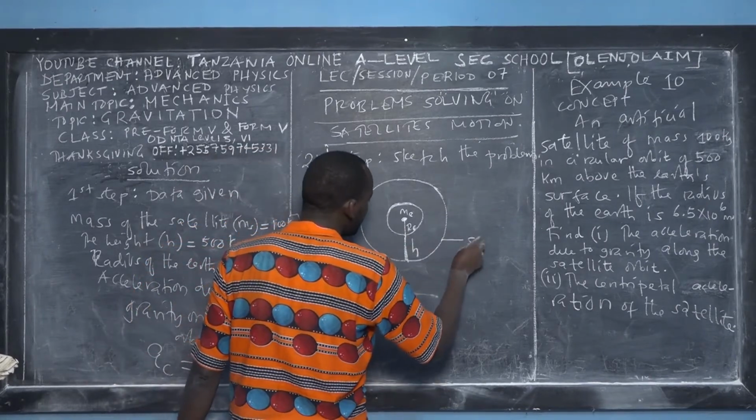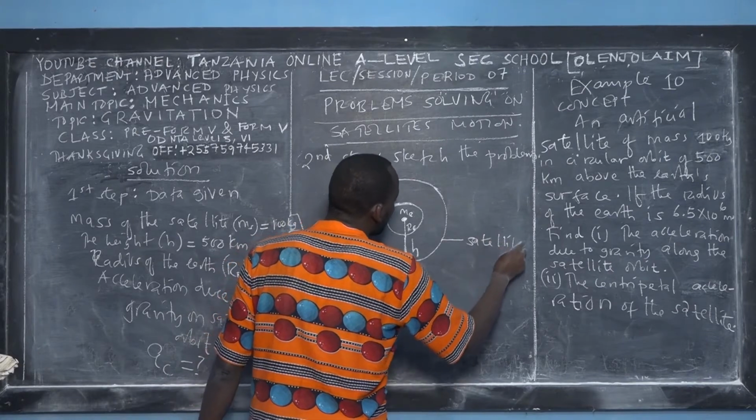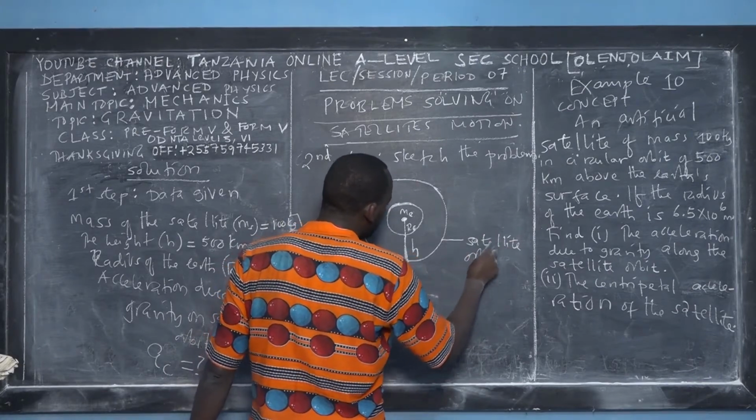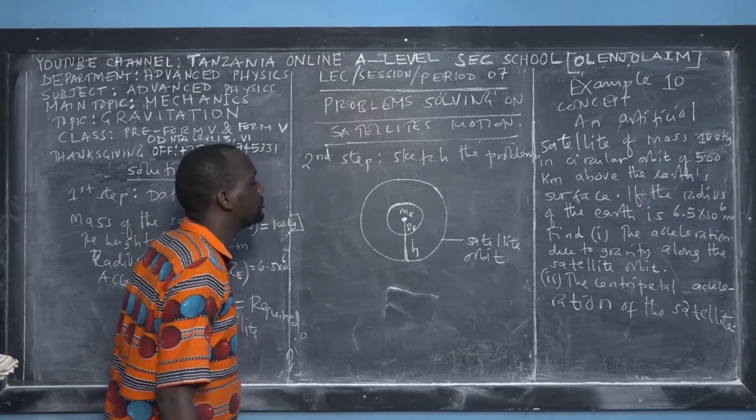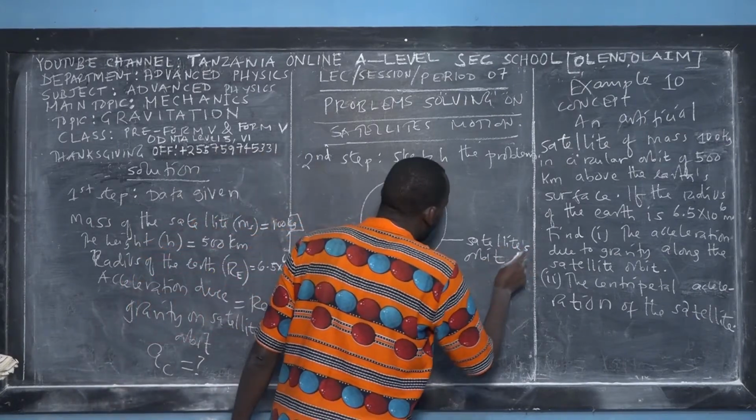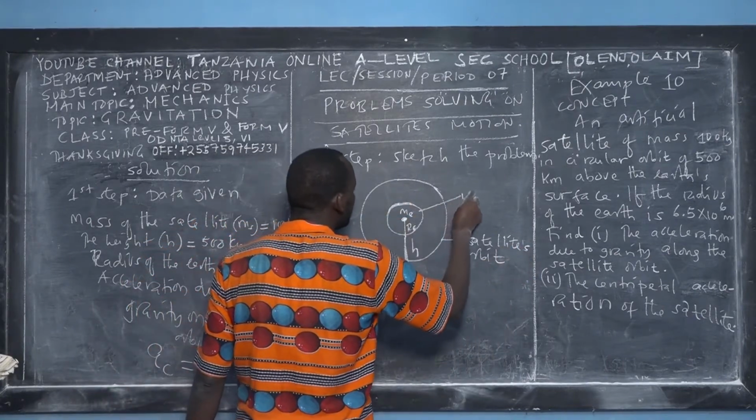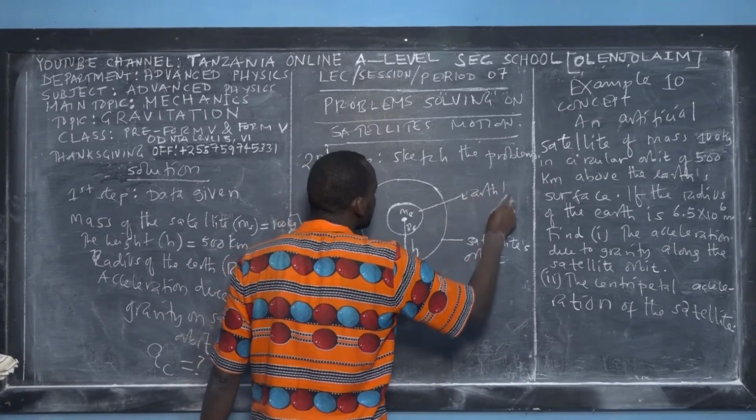So this we call the satellite orbit. It might be a parking orbit, might be another orbit. And this is what we call the Earth's surface.